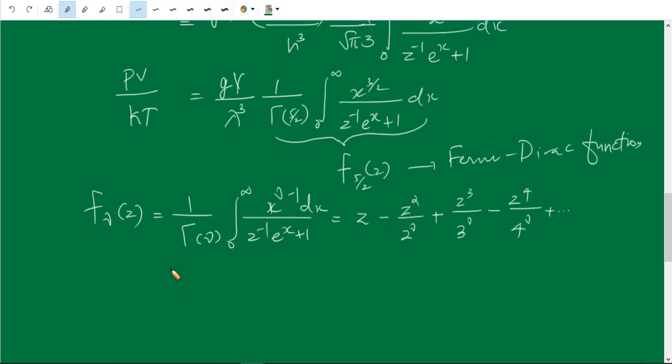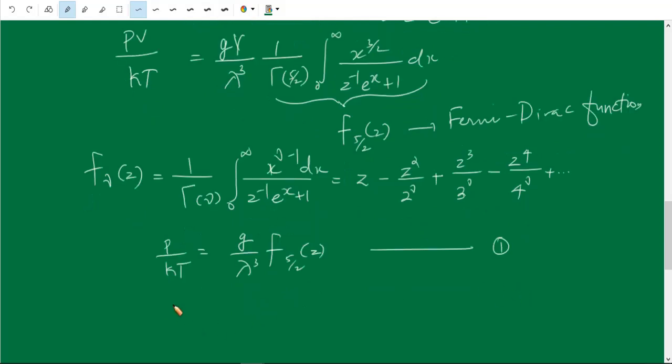Therefore we can write P divided by kT is equal to g divided by lambda cube f 5/2 of z. We can call this equation number 1.